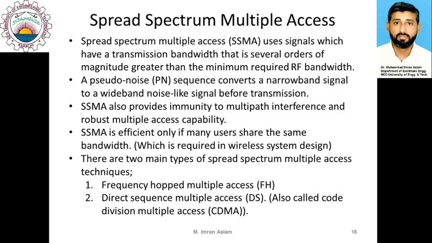Of these two types, we commonly use the direct sequence multiple access technique, which is also named code division multiple access or CDMA. CDMA is another name for the direct sequence multiple access system because we use different codes for different users to multiplex them with each other. So this is a basic introduction to the spread spectrum multiple access techniques.